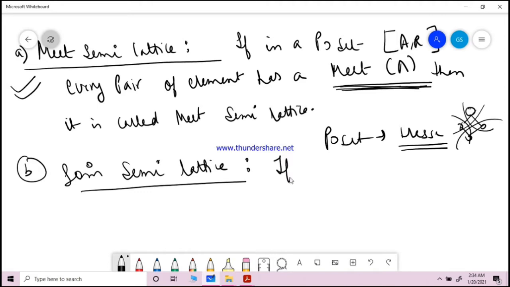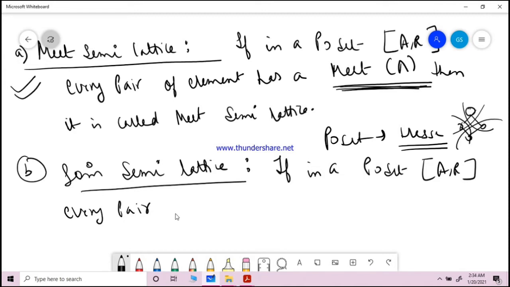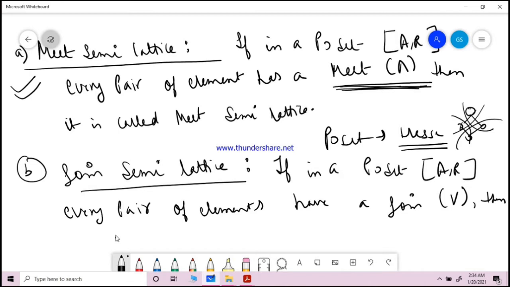If in a poset every pair of elements has a join, I have already told you how to find meet and join, then it is called join semilattice.